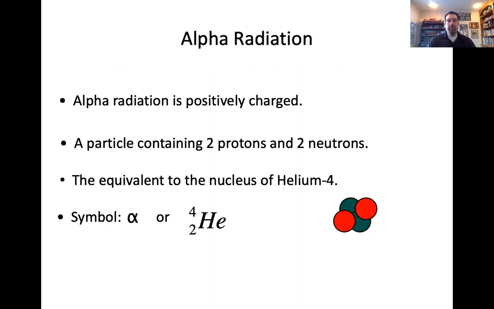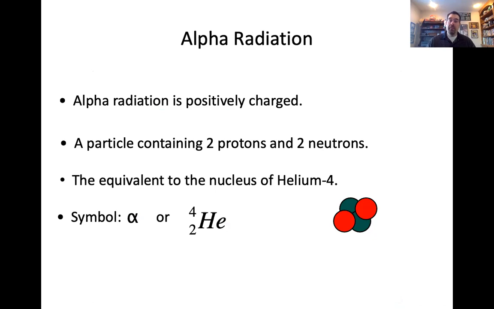Okay, so the first type is alpha radiation. Alpha radiation consists of two protons and two neutrons. So you guys know from our previous lessons, and probably from before, protons are positively charged, neutrons have no charge. And so alpha radiation has an overall charge of +2.